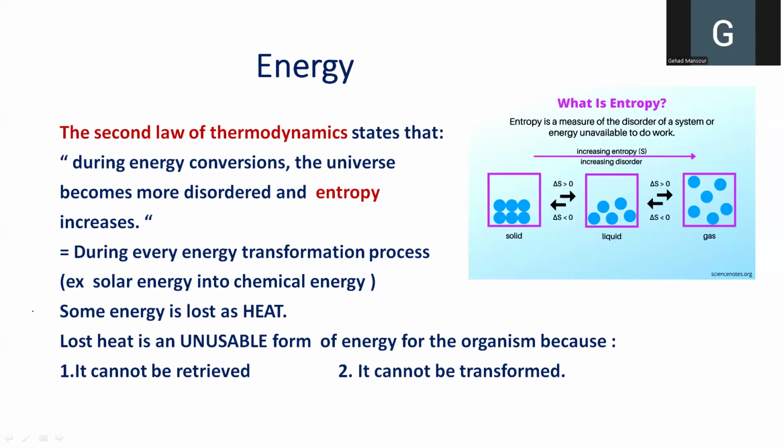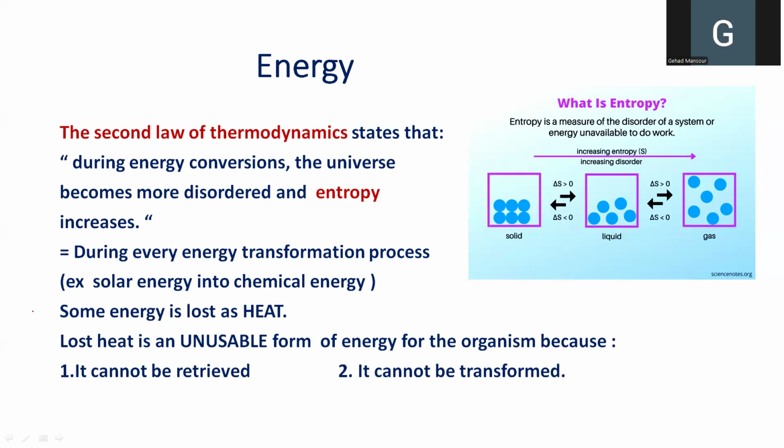Because of that small heat that is sometimes dissipated during the processes of energy conversion, the second law of thermodynamics states that during these processes of energy conversions, the universe becomes more disordered and entropy increases.